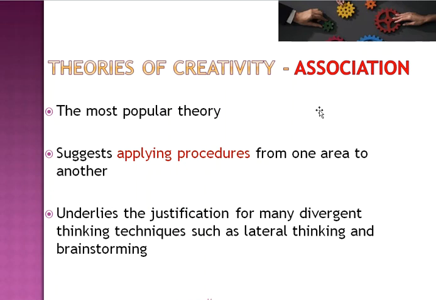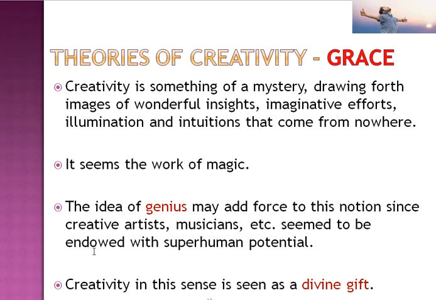This underlies the justification for many divergent thinking techniques such as lateral thinking and brainstorming. In brainstorming and lateral thinking, we try to find ideas from wide, far areas and apply them to the problem in hand. So this is association, number 3.